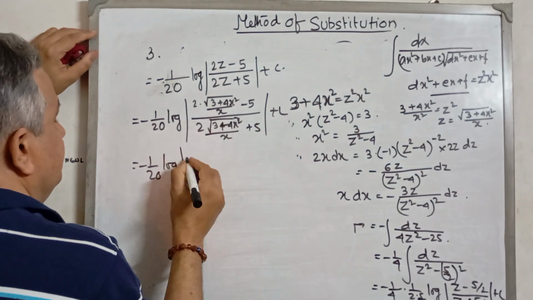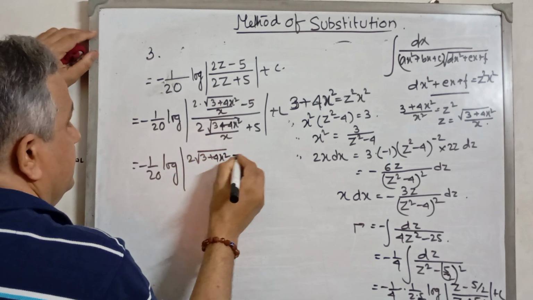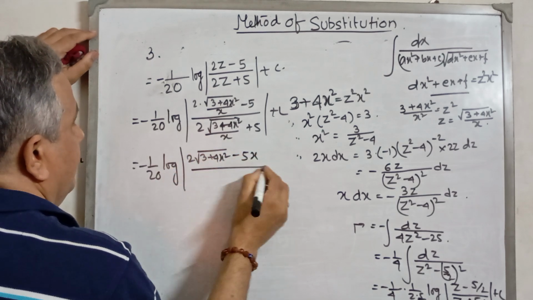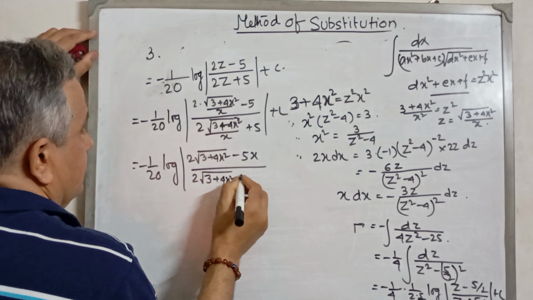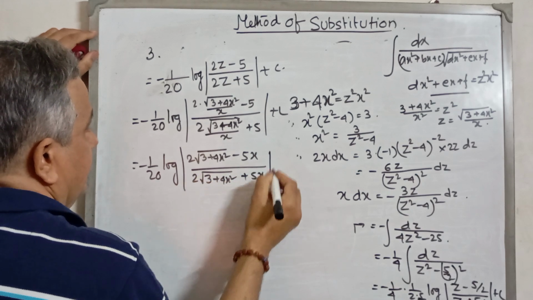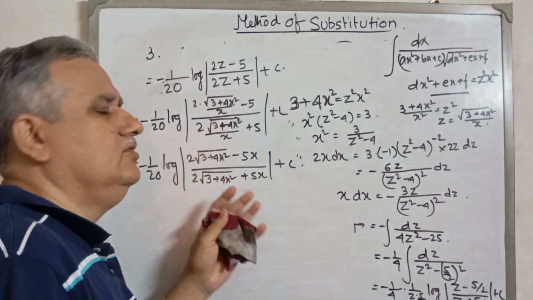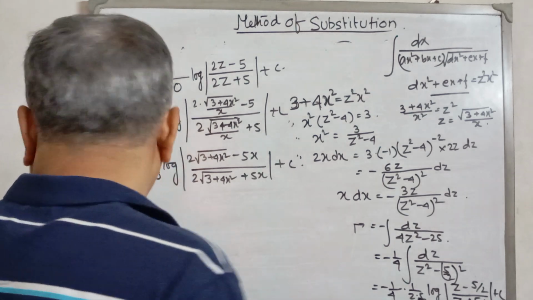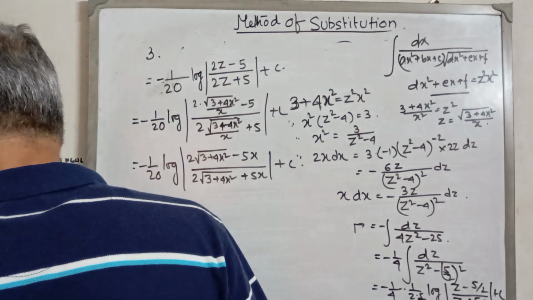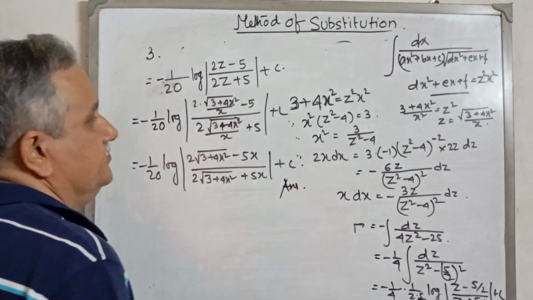By simplifying, log of (3 plus 4x square minus 5x) by 2 root over (3 plus 4x square plus 5x) plus c is our answer. This is a long process, a long type of problem. So this becomes the answer.